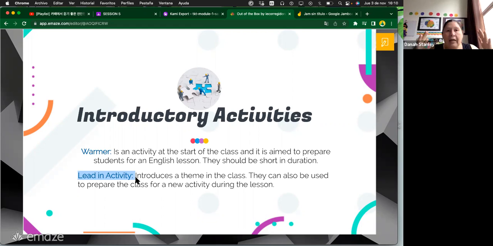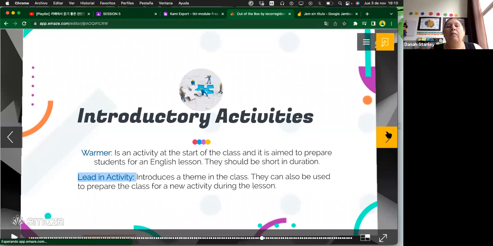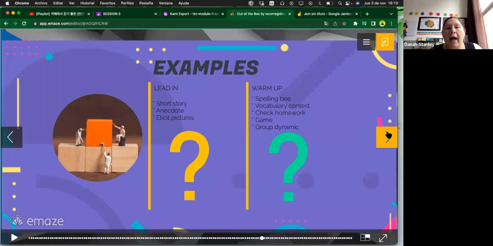So they know exactly what kind of vocabulary and grammatical structures they are going to use in this lesson. Yes? So in here, the lead-in activity can be pues a story, an anecdote, a picture, whatever.